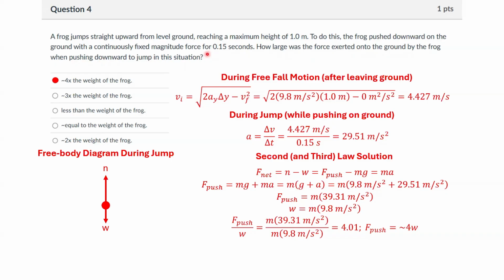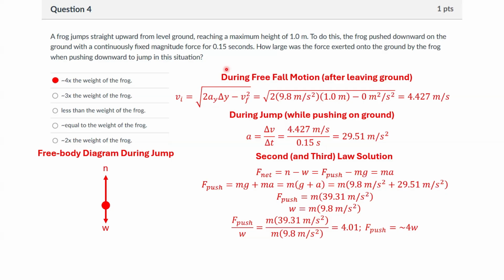Well, to get the size of a force, we need to analyze the kinematics of the situation. And what we really realistically are after is what was the acceleration of the frog during that short period of time when it remained in contact with the ground, meaning when it was pushing on the ground and therefore the ground was pushing up, what was its acceleration during that brief time window?